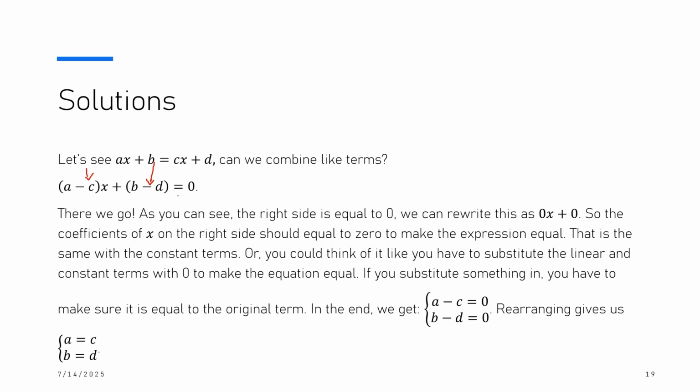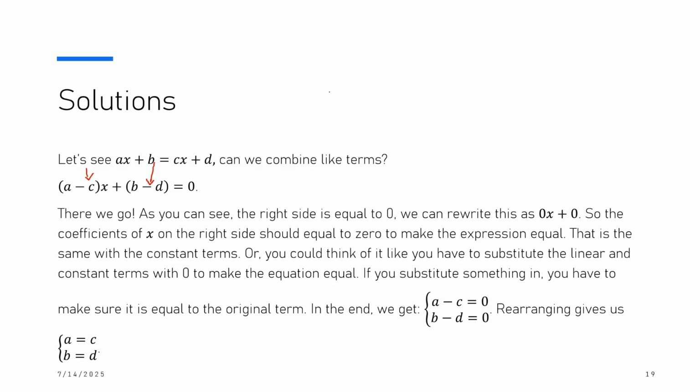We know the right side is equal to 0. How can we literally use that? We can rewrite the right side as 0x plus 0. Remember, anything times 0 is equal to 0. So the coefficients of x on the right side should equal 0.